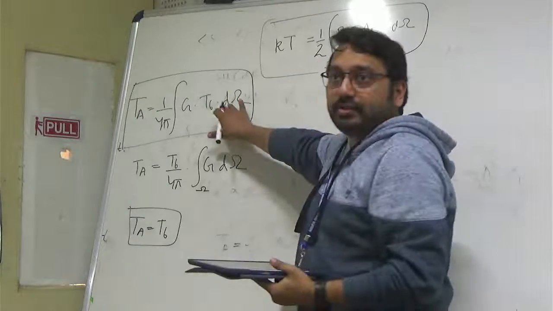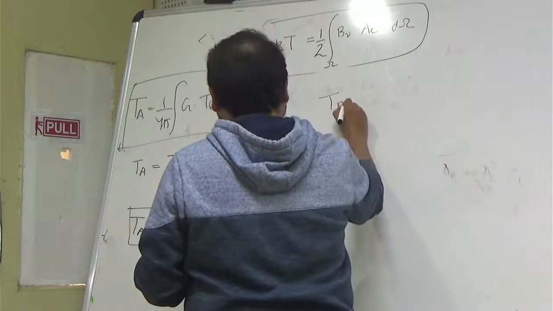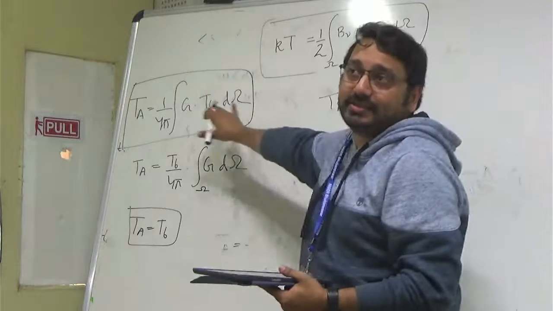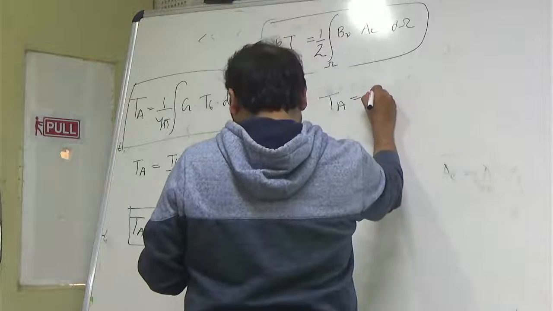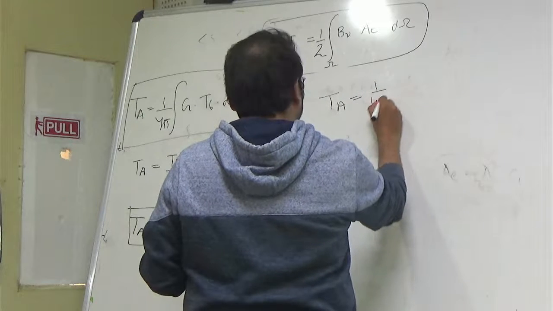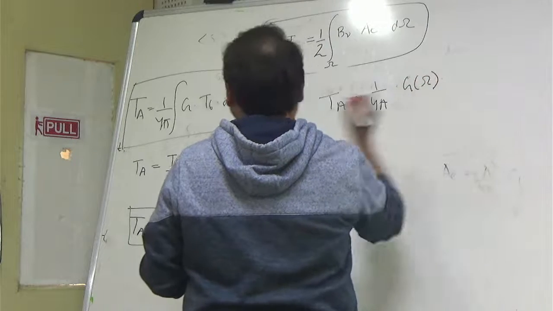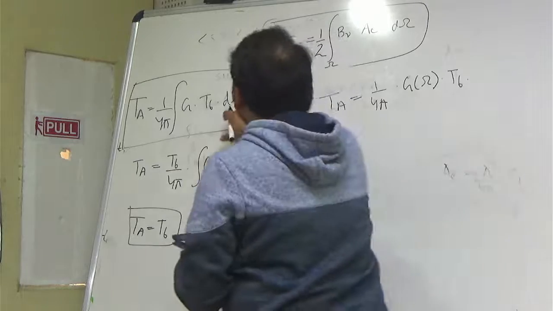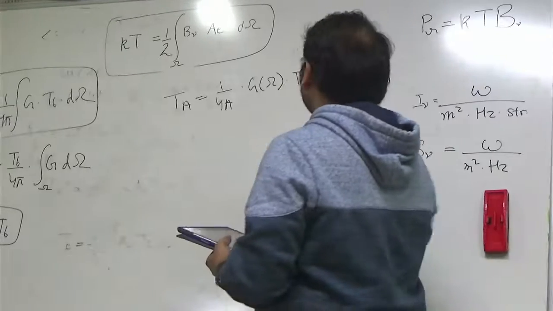So we'll use the same equation, which is the antenna temperature. For a compact source, you can basically discretize this. You're only looking at a very small solid angle. That is 1 by 4 pi at some solid angle. And this basically is the solid angle of the source, call it omega S.